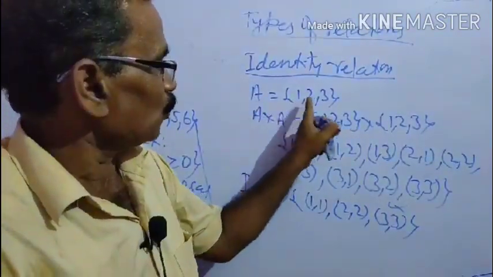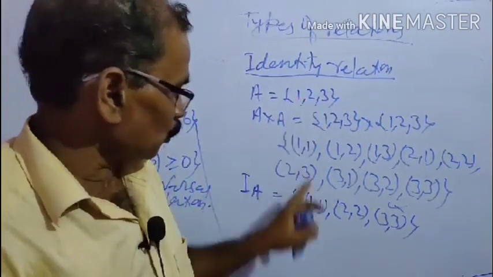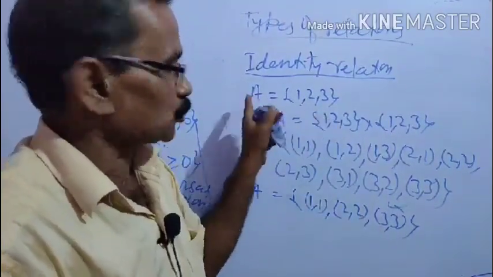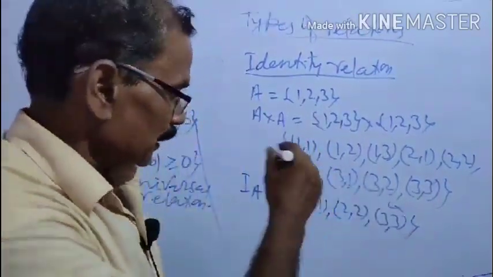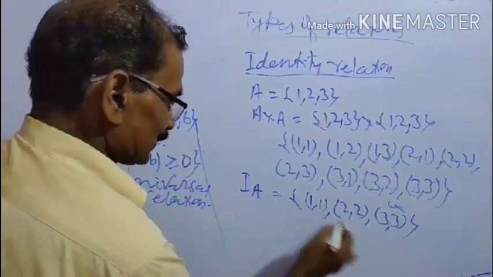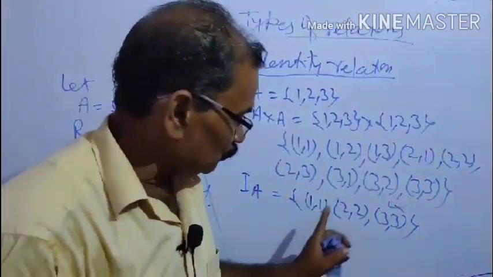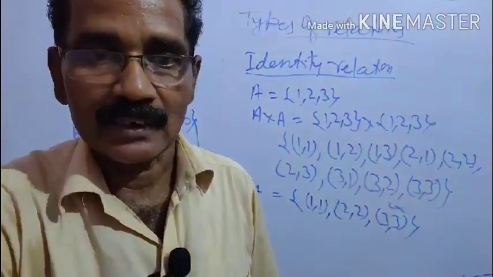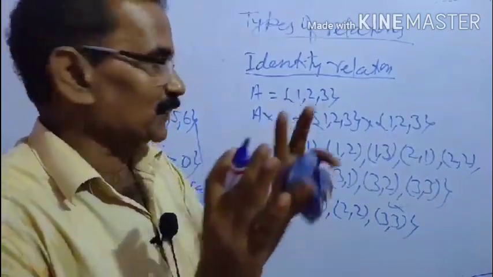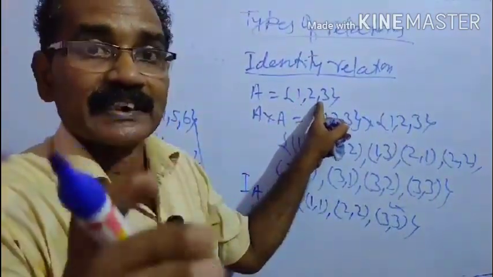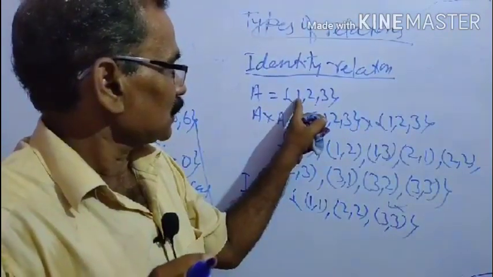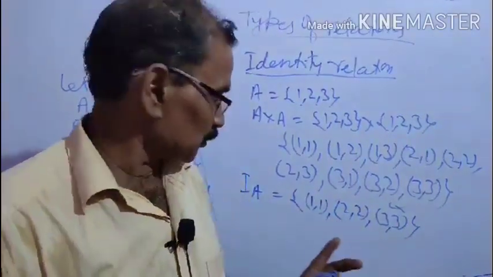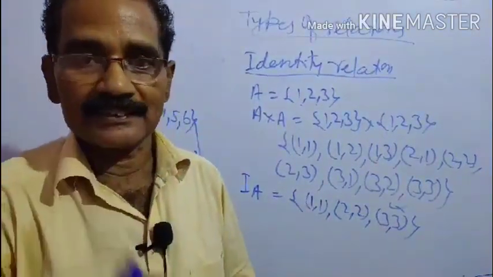In the set A, (1,1) here, (2,2) here, (3,3). Doublets of the elements of A can be taken here, and this is identity relation. But if we take only (1,1), (2,2), this is not an identity relation, because doublets of all the elements must be taken here: 1 to 1, 2 to 2, 3 to 3. This is called an identity relation.